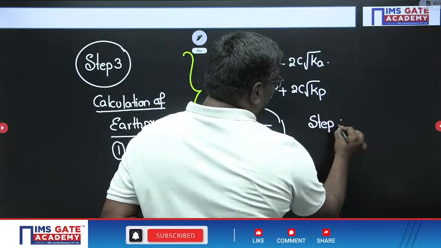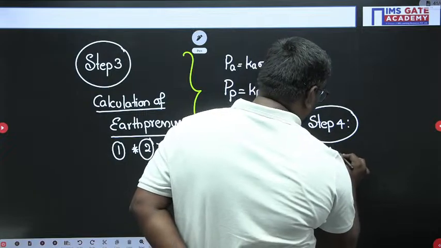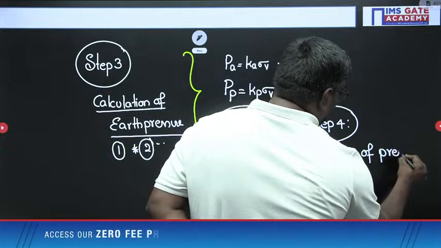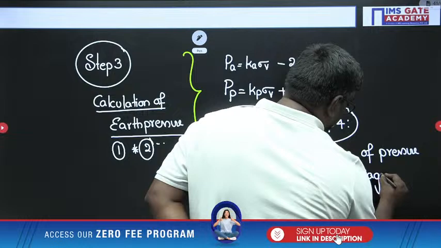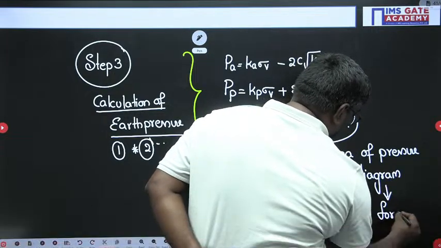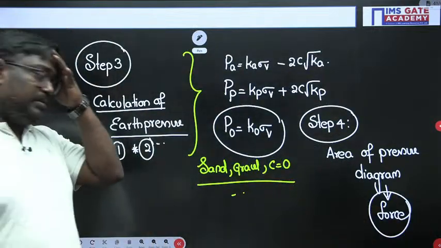Next, step 4 is the area of the pressure diagram. The area of the pressure diagram is nothing but the force. Always remember, the area of the pressure diagram is force.